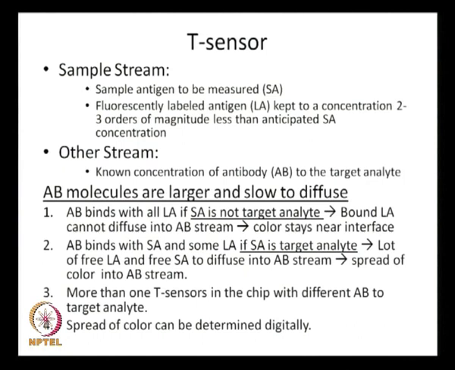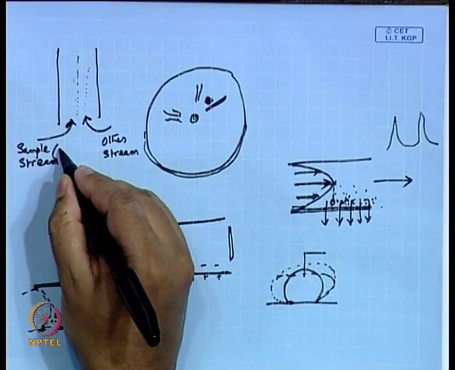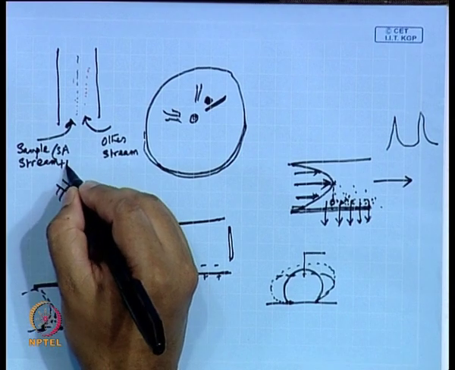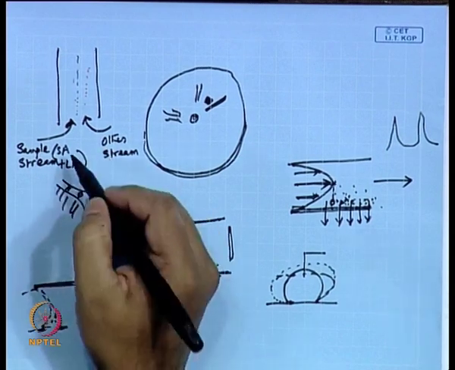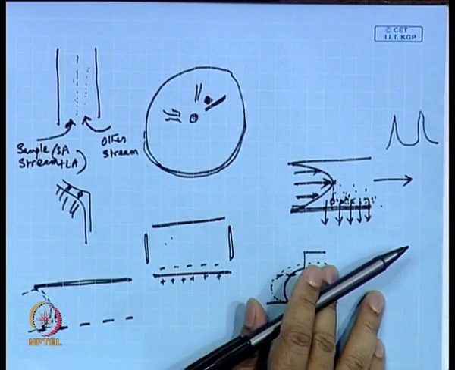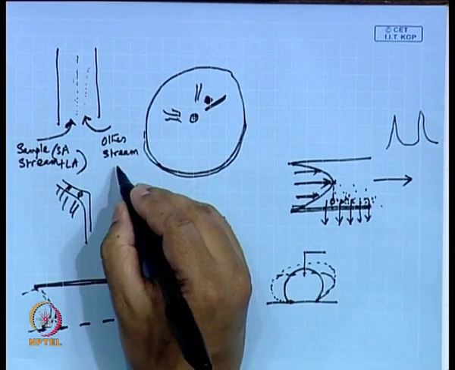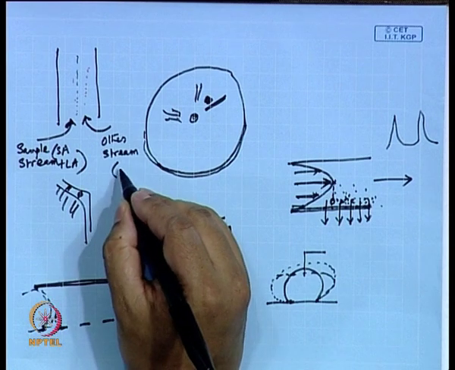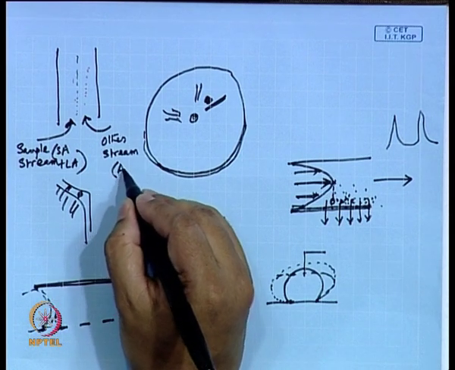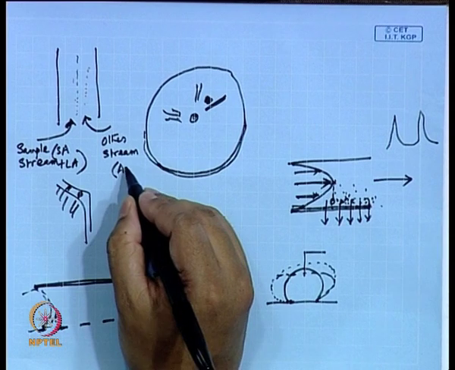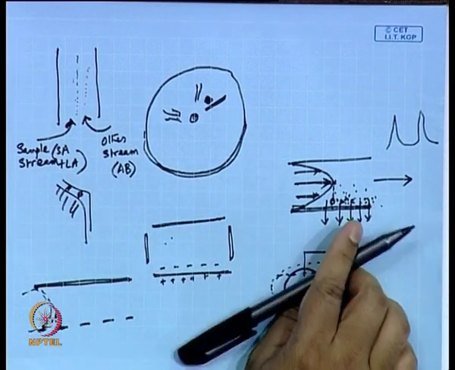One stream, the sample stream, contains SA plus LA, and this other stream contains a known concentration of antibody AB to the target analyte.